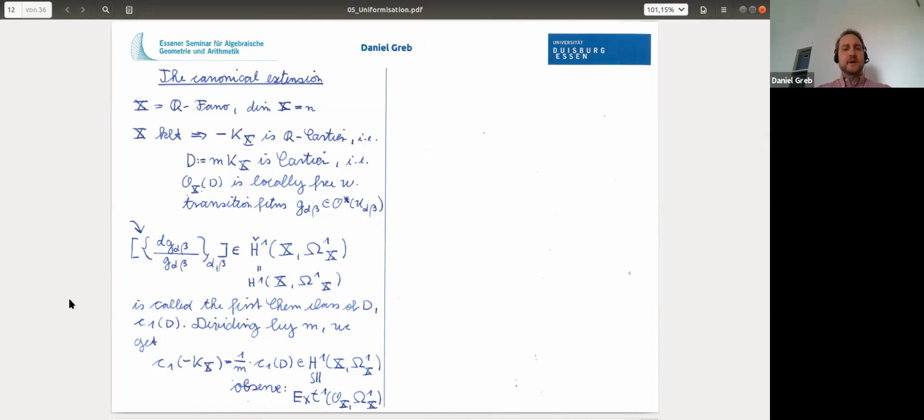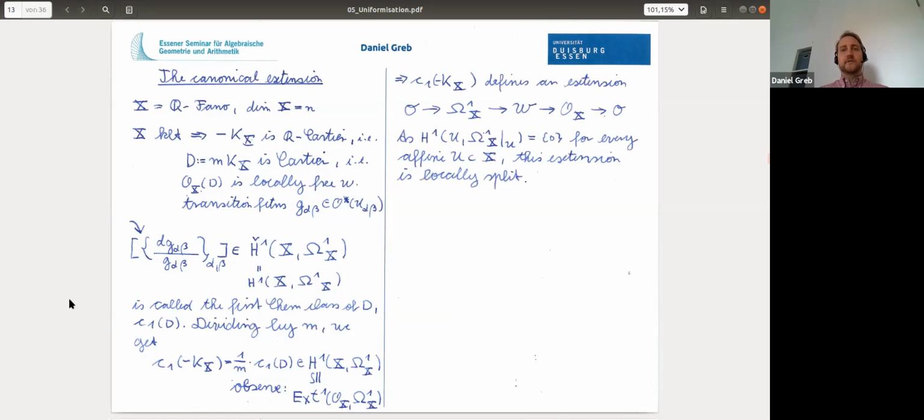And so this means that my first Chern class here gives me an extension of this form. So C1 of minus KX defines an extension of the form 0 goes to Omega 1 goes to W, that's the extension, goes to O of X goes to 0. Now we have to be a little bit careful because we are on the singular space. We have to control a little bit the singularities, and hence the following property is crucial.